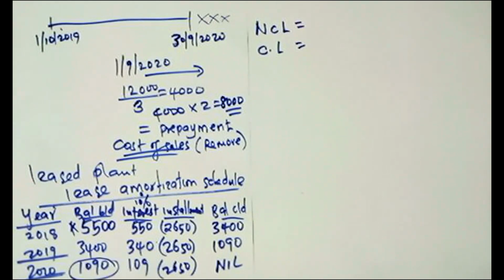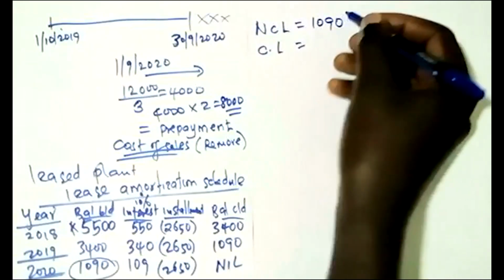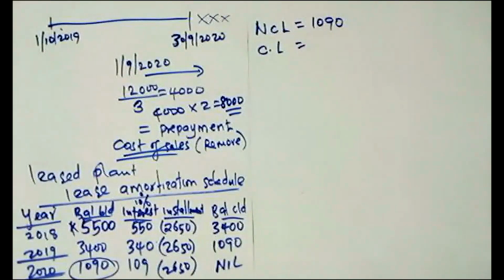So 1090 maybe it's the one which was supposed to be paid in the future period, because it's the balance we have in 2020. We add the interest, then we pay the balance, but we have a negative amount by the end.